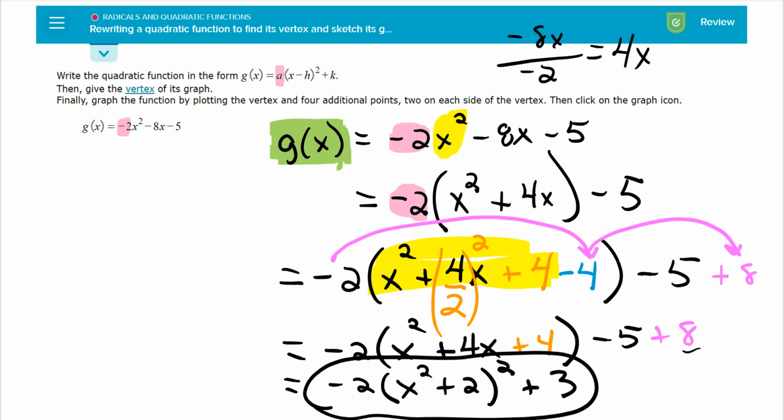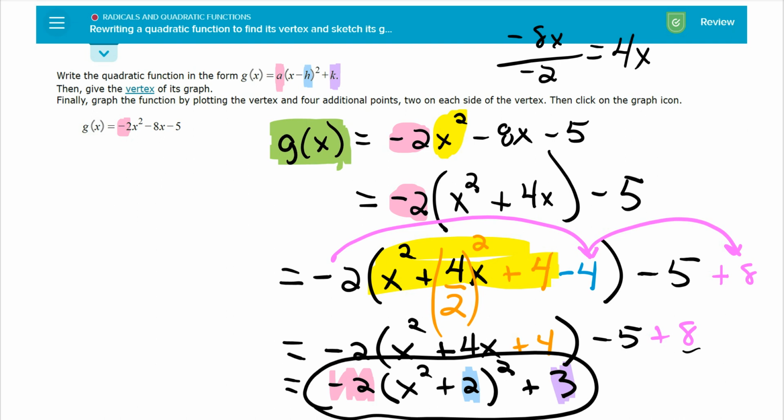And you can see, here's the A, here's the A. Here's the H, here's the H, but it's a plus 2, so it's supposed to be a -H, so this is really minus a minus. And then you've got your plus K, which there's the 3. So it's -2, 3. That's the vertex.